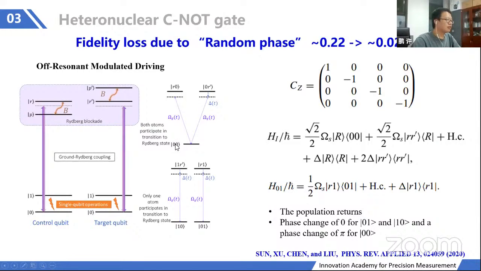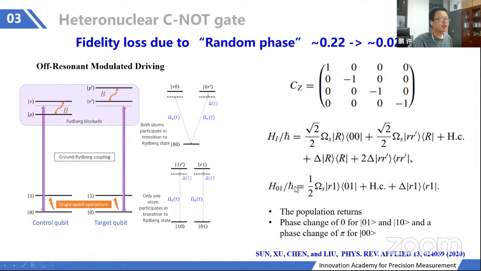But if the 2 atoms are in the same state, due to the Rydberg blockade, the Rabi oscillation will have a square root of 2 divided by 2 amplification. So for these 2 states, they will have different Rabi frequencies.